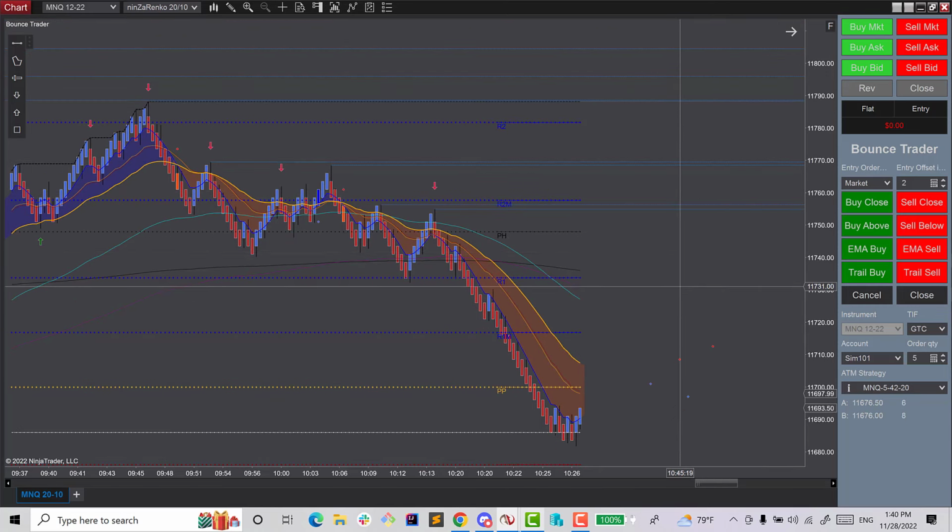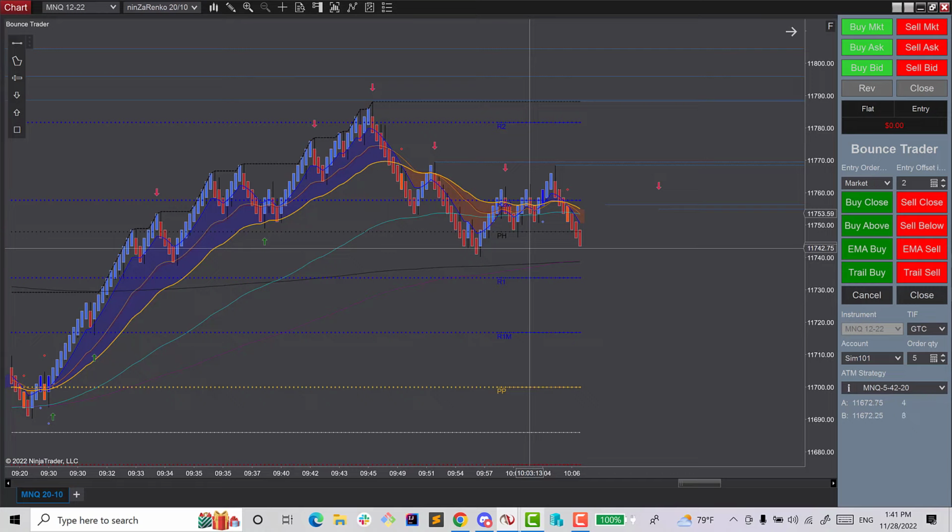So let's quickly count: here's one setup, 34B, 1, 2, 3, 4, 5 clean setups of just 34Bs, but there are additional setups that I teach in my course. So the strategy is very doable and very repeatable throughout the day, especially throughout the morning session.